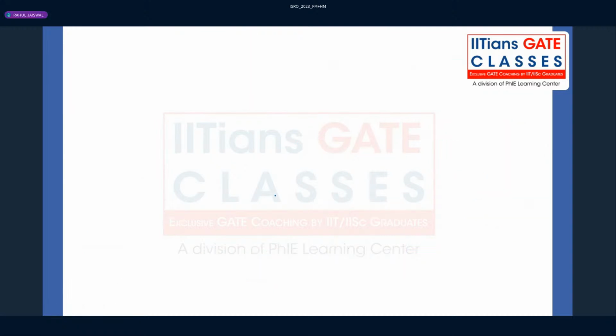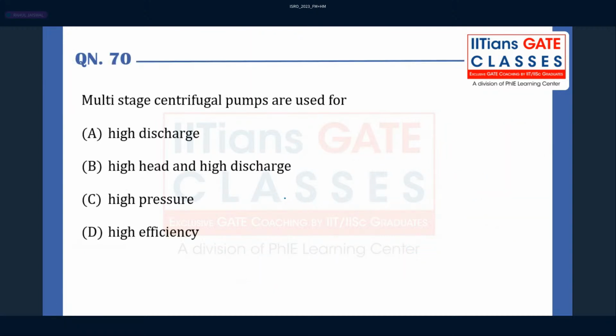Okay, moving on to the next problem. Multi-stage centrifugal pumps. Whenever we talk about pumps, a single pump sometimes may not be sufficient to increase the pressure. So generally, we employ pumps in series or pumps in parallel combinations.